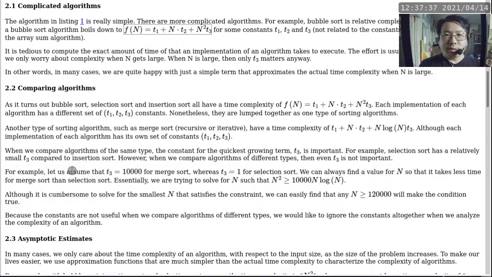So the rest of this section basically uses an example to illustrate why the exact amount of T3 is not even important.